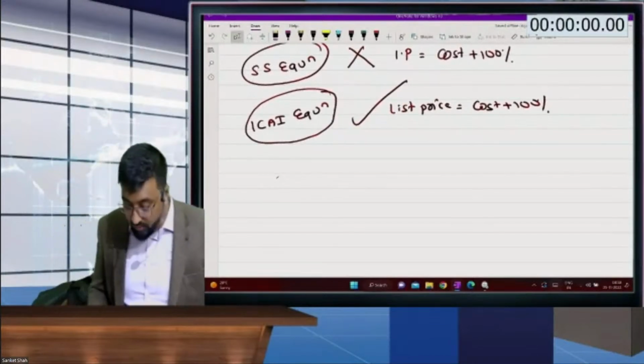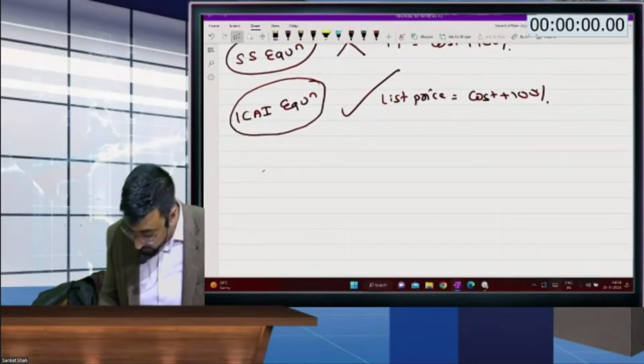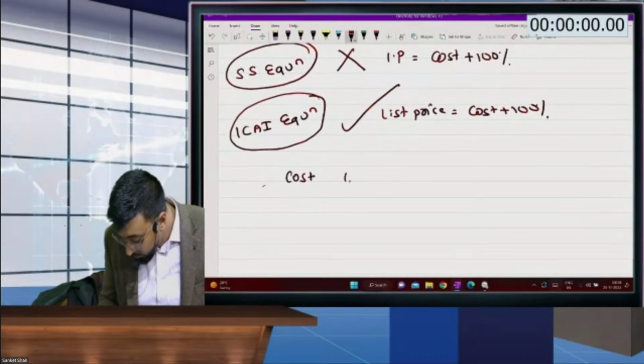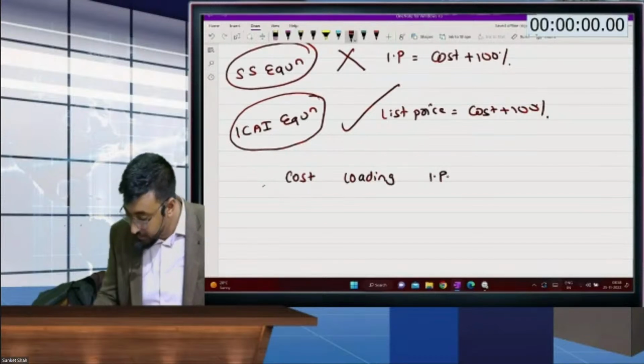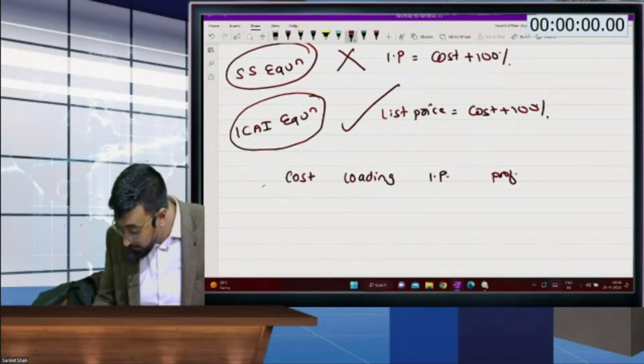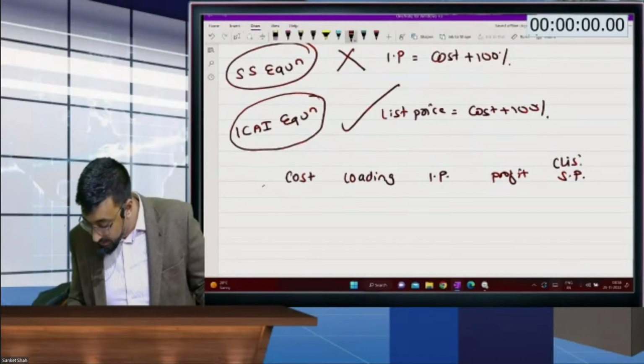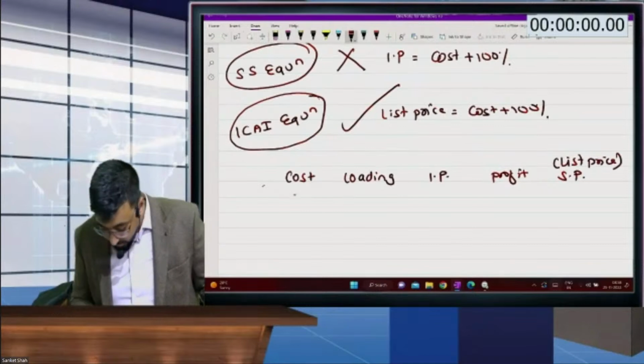So write down this equation. Cost, loading, invoice price, profit, and then selling price, or you can call it list price. Cost 100, so this is 200.